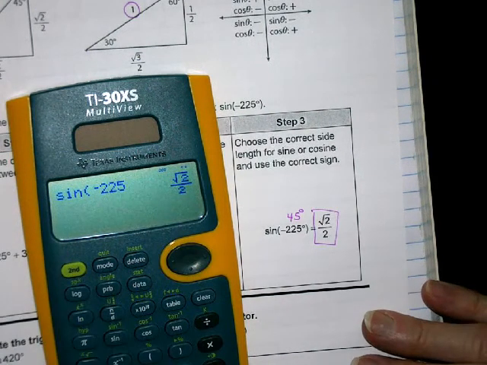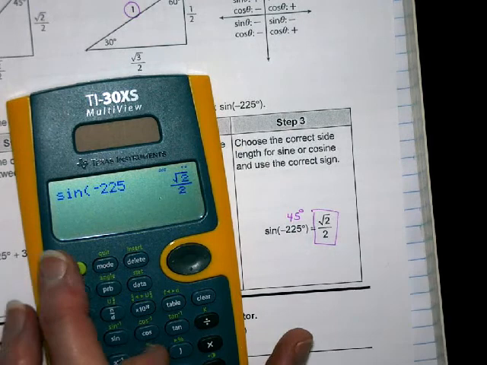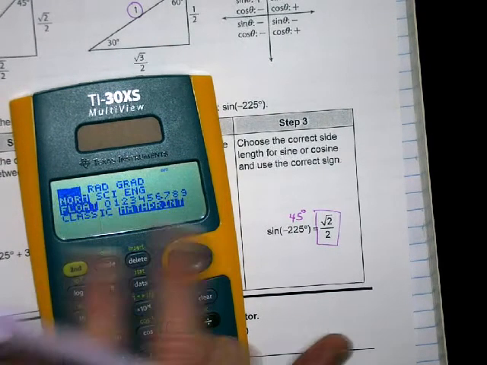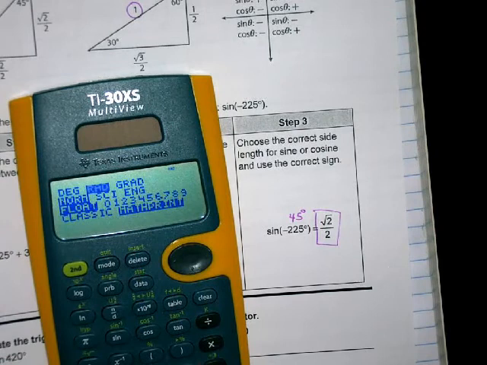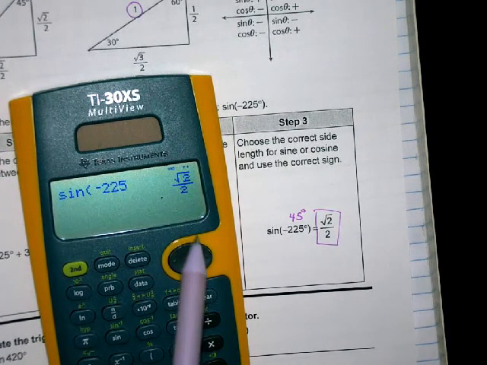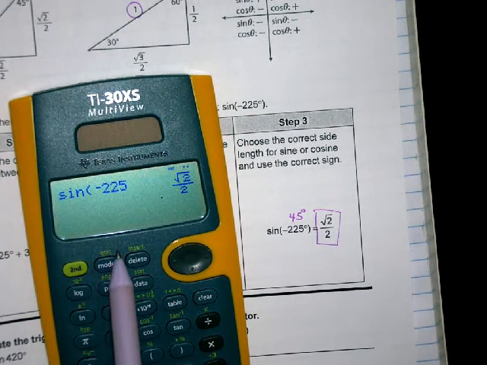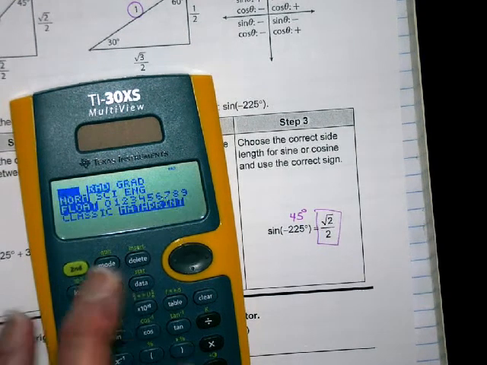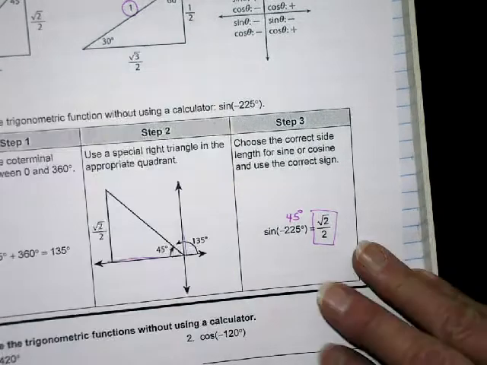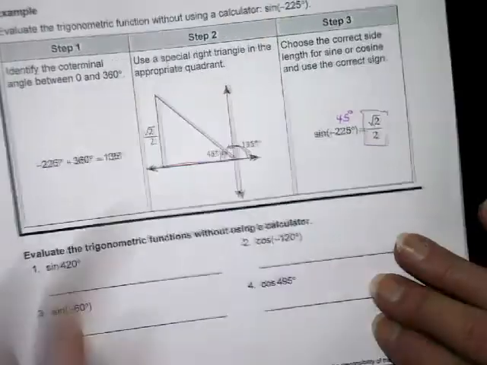That's the weakness of the calculator. You're in charge: garbage in, garbage out. You have to know how to change it from degree to radian. Okay? So now it says RAD. You just hit the mode and then slide it over. I'm going to hit it back to degree because that's all the examples they have here.